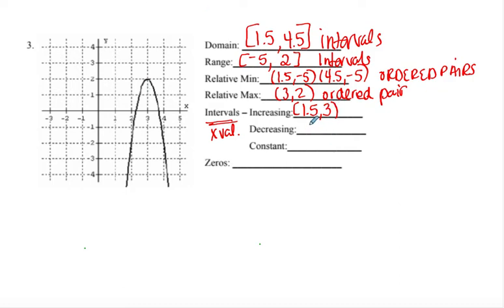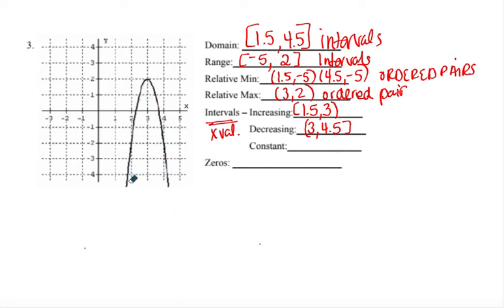So I'm going to put a 3 for decreasing because at 3 it starts going down and it goes down until we get to the x value of 4.5. Again, I would include that, but I would not include the 3 because if I included the 3 up here, it couldn't decrease down here. I don't think it's increasing or decreasing at all there.